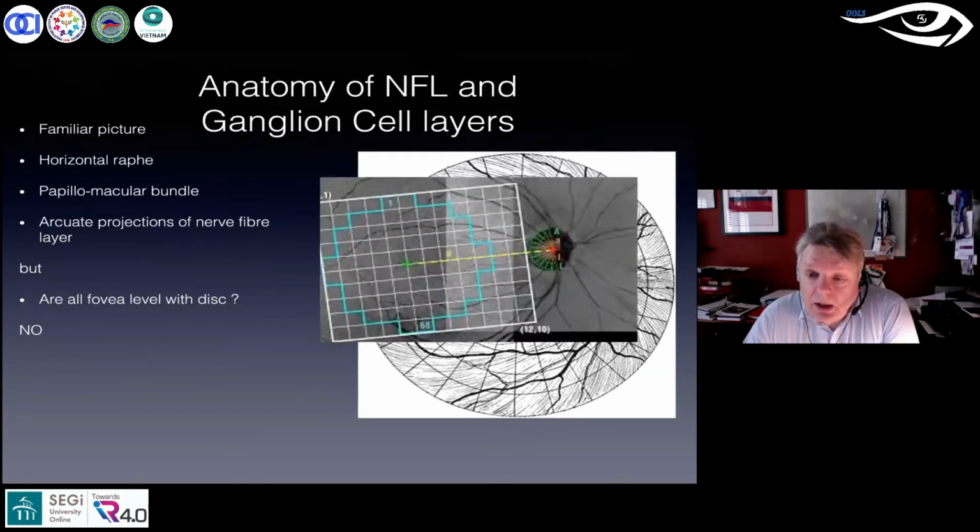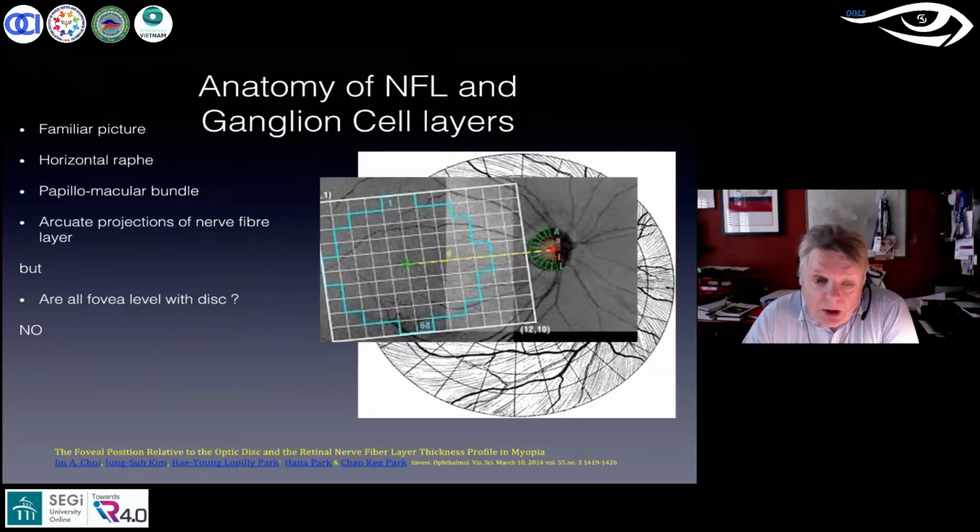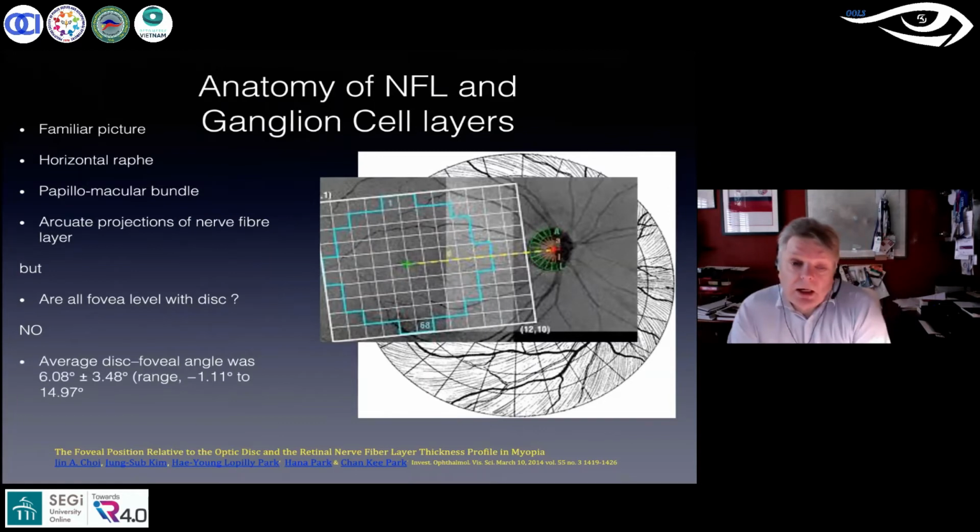This is a representation from a paper that looked at a whole series of fundus images undertaken by Choi et al. And this looked at the foveal position relative to the disc. It basically said that the average disc to fovea angle was 6 degrees plus or minus 3.48, so ranging from -1 to 14.